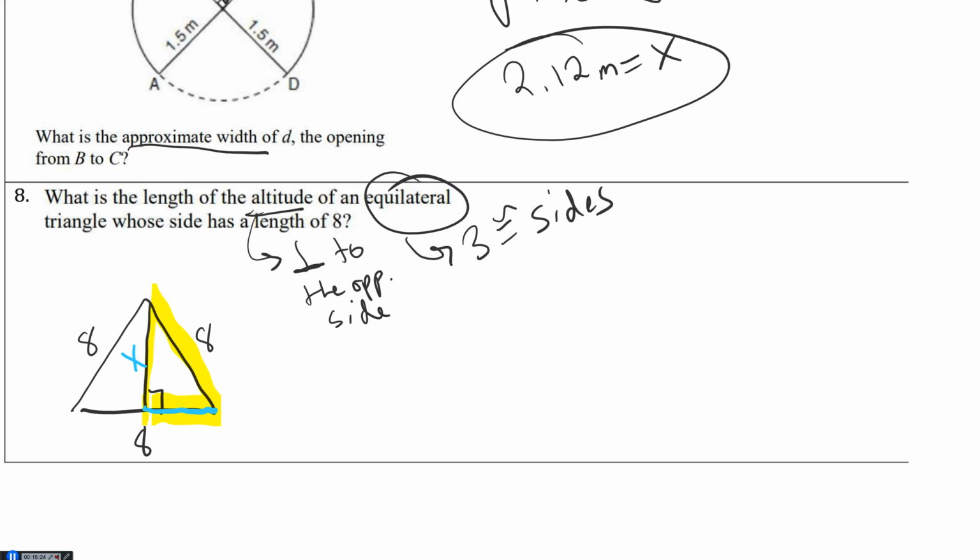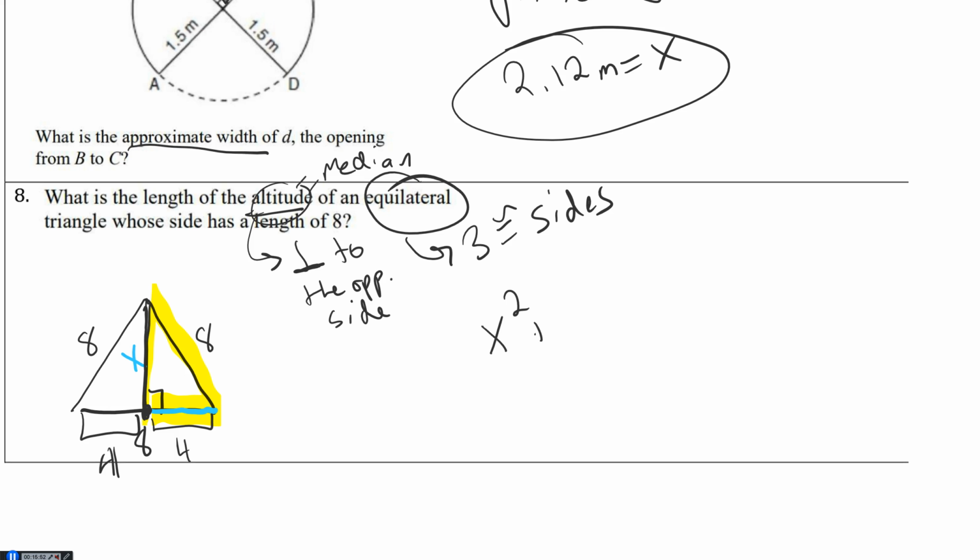So, if I drew it a little bit more accurately, the altitude of an equilateral triangle is the same line segment as the median, which, remember, hits the midpoint of the opposite side. So if it hits the midpoint of the opposite side, this piece would be 4, and this piece would be 4. Now we have another side to plug into the Pythagorean theorem.